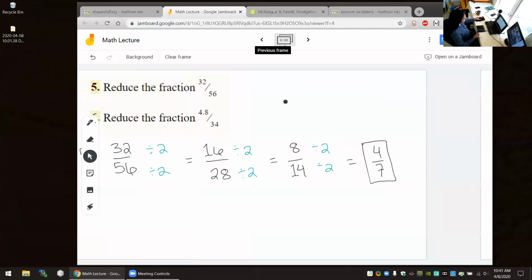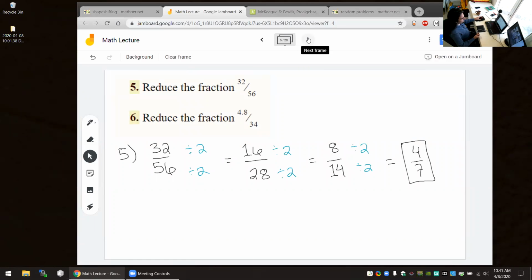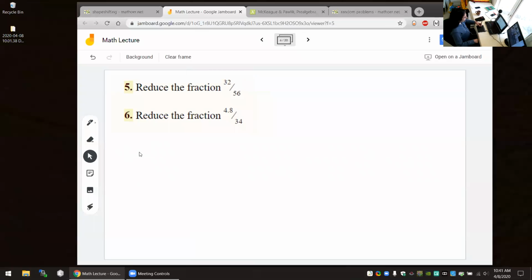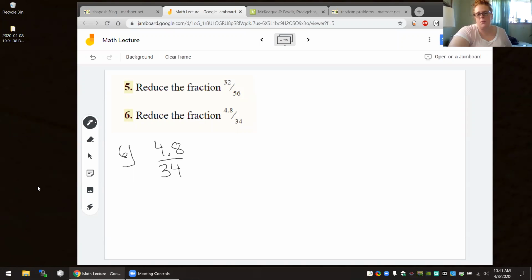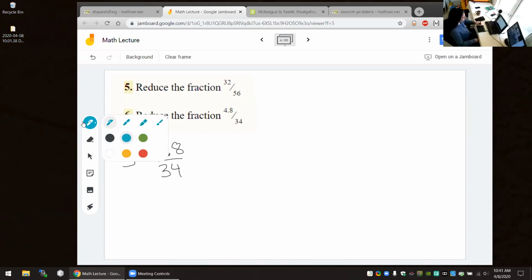Anyone need this slide more before I move on? Okay, I don't think we've talked about this yet. So for number 6, I have a decimal in there. That's annoying. How do I get rid of a decimal? Round up. I don't want to change my number.